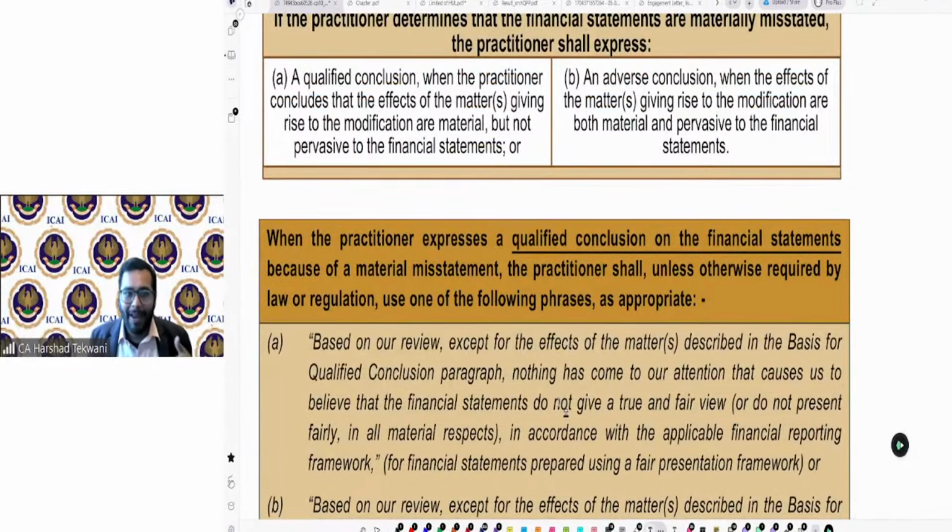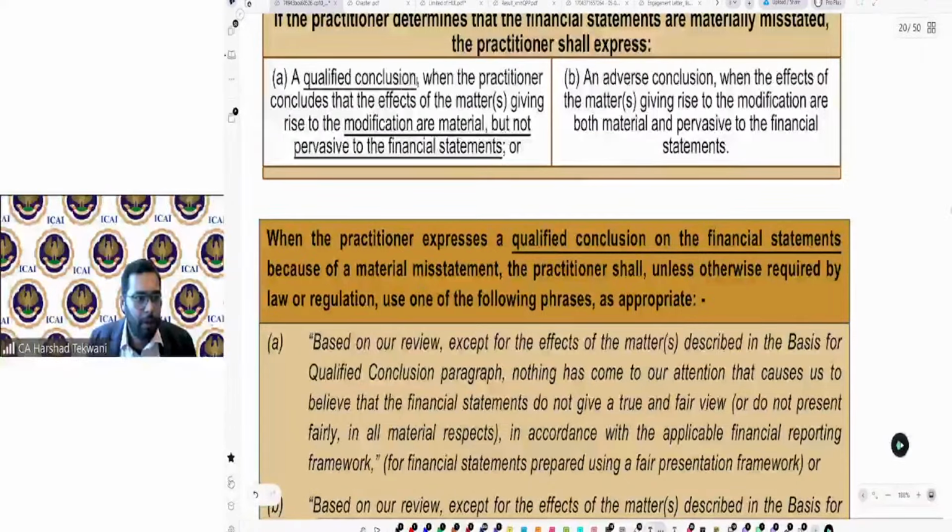And on similar lines, when to give qualified and when to give adverse: if the modifications are material but not pervasive to the financial statement, then a qualified conclusion. And if modifications are material and pervasive to the financial statement, then an adverse conclusion.